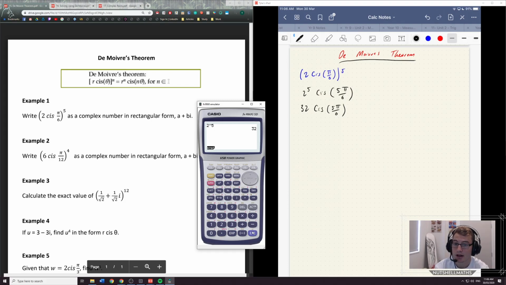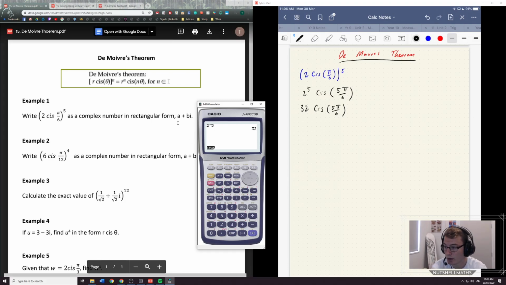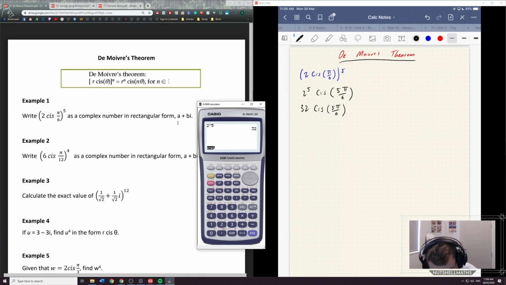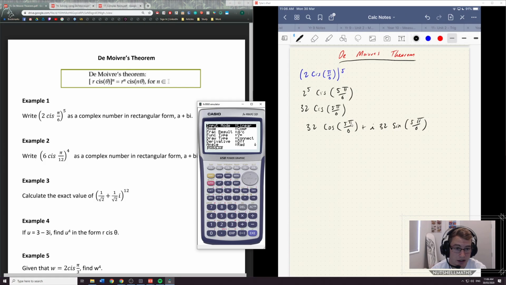And we're happy. It does say put it in rectangular form, so we can quickly do this conversion, where we write it out in full. The full definition of this is 32 cos 5 pi by 6 plus i 32 sine 5 pi by 6. Alrighty. And if we type in those pieces, I've got to make sure my calculator is in radians for this. Anytime you have pi in your angle, always double check you're in radians, otherwise your cos of your angle is going to be really weird.